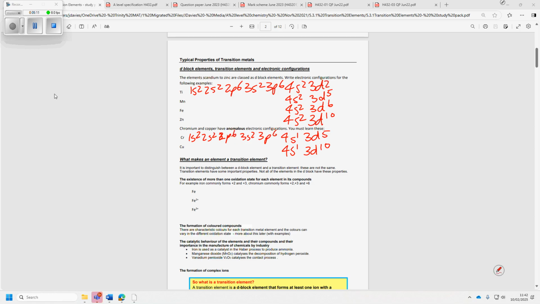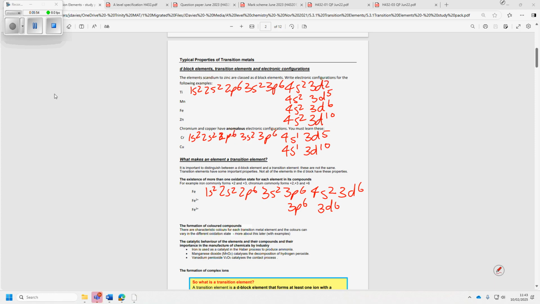So when we think about iron, 1s2, 2s2, 2p6, 3s2, 3p6, 4s2, 3d6, when we turn iron into the 2+ ion, one of the rules we have to remember is, although we put electrons into 4s before 3d, we also take electrons out of 4s before the 3d. So the iron will lose the 4s2 electrons. So after 3p6, it would just be 3d6. The 4s2 electrons have gone.